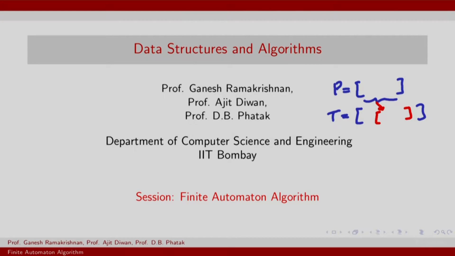What we were concerned about with the naive algorithm was that there are potentially prefixes of the pattern P which also occur as suffixes in the text that was already matched.